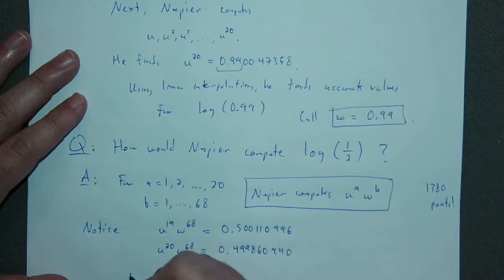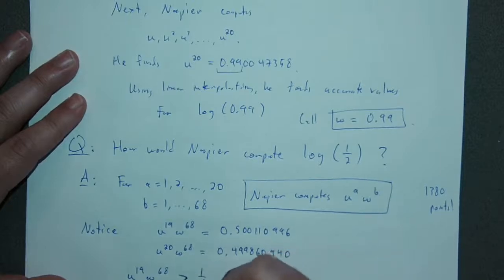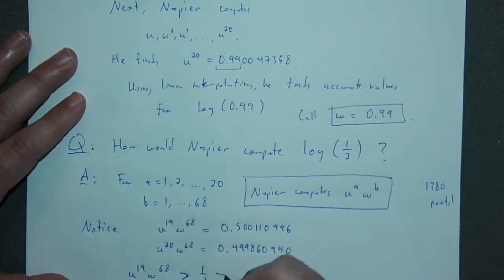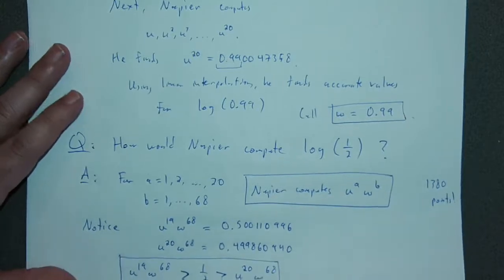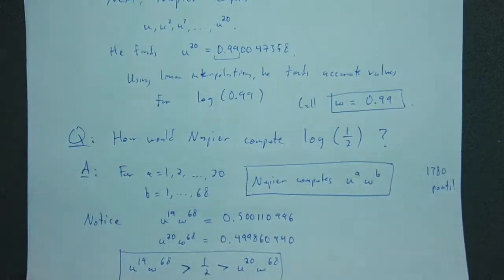Well, U to the 19 times W to the 68 is equal to something a little bit more than 1/2. So this is strictly bigger than 1/2. Then 1/2 is strictly bigger than U to the 20 times W to the 68, which is slightly less than 1/2. But they're very close to 1/2, right?